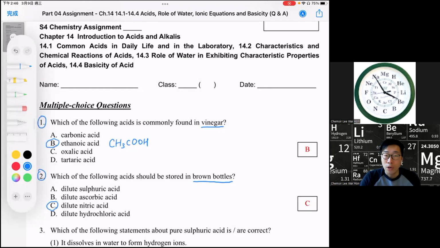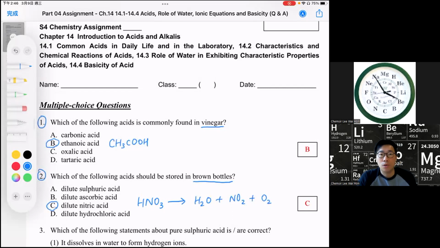So, do you know how to write a chemical equation for the reaction involved? Nitric acid HNO3, if it is decomposed, how to write the equation? It will give out H2O, NO2, and O2.